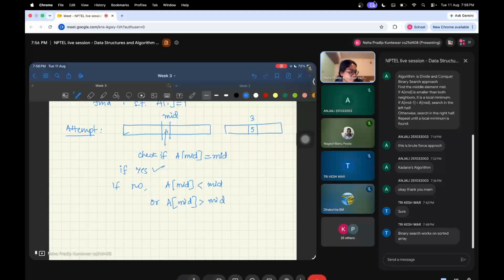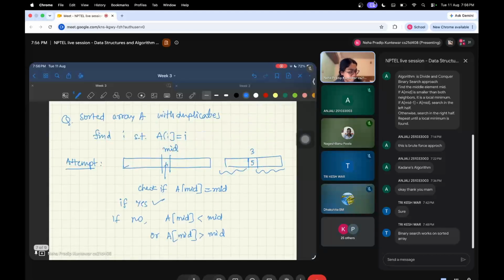Then because your array is sorted, okay. So again you don't know where to go, right? Because your answer could potentially be here or it could also be here.